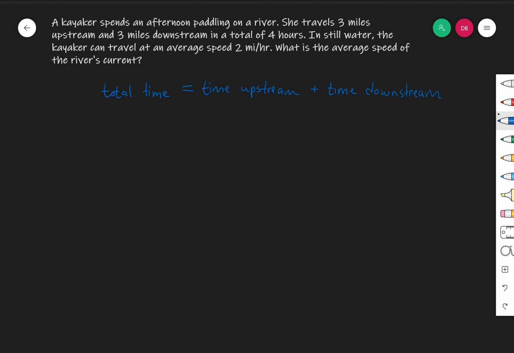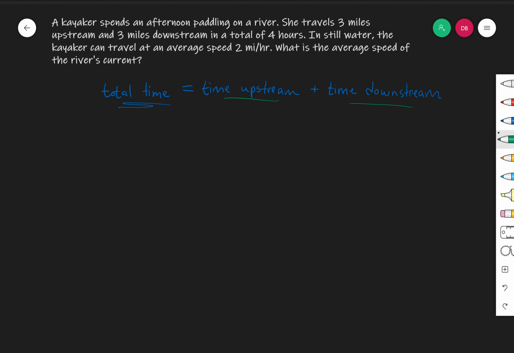Now notice we only know one of these things. The only thing we know is the total time. We don't know how long it took her to go upstream. We don't know how long it took her to go downstream. We just know that both together took 4 hours. So we need to figure out an expression for these two things, time upstream and time downstream.